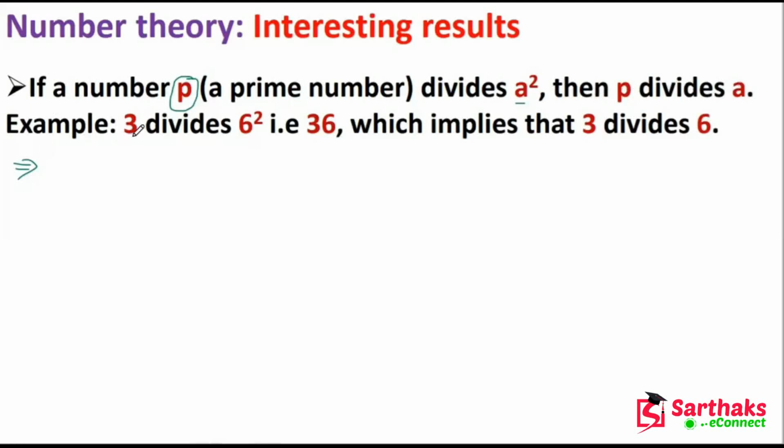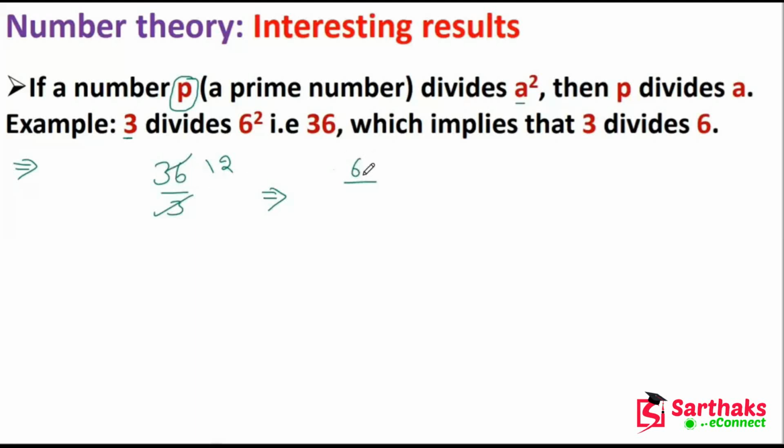Let's suppose we have the number 3, which is a prime number. It can divide 6 square, that is 36. Very easy. How many times? 36 divided by 3 means 12 times. Which implies that 3 can also divide 6, which is the square root of 36.